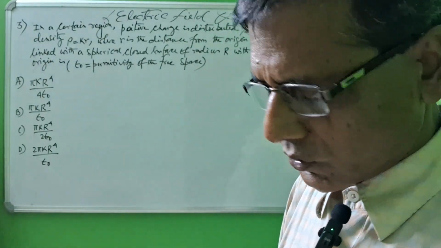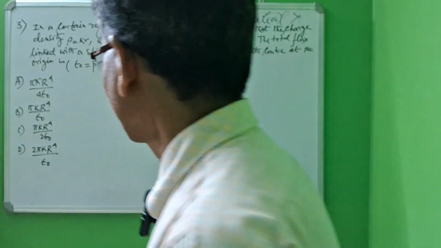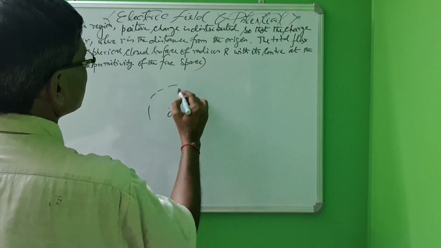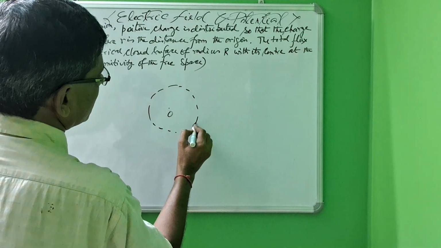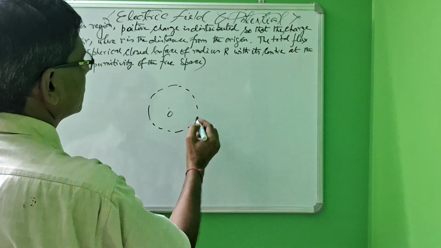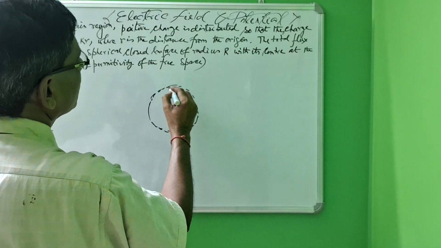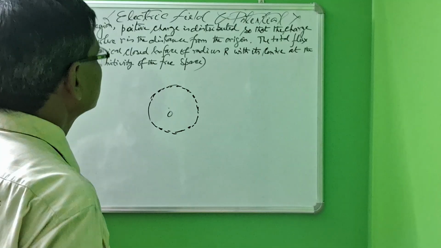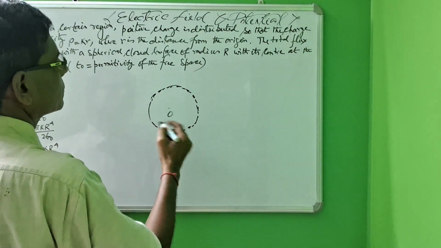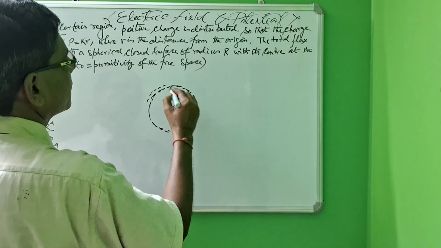So from Gauss theorem, suppose this one is the origin, and this one is a Gaussian surface which is spherical, with a smaller radius r.